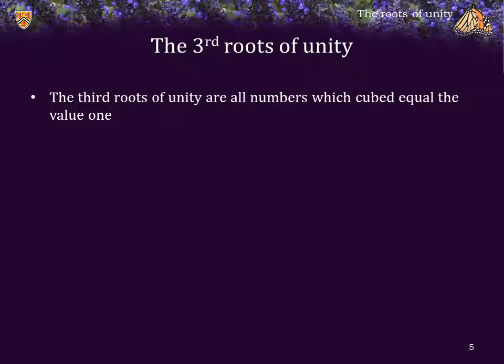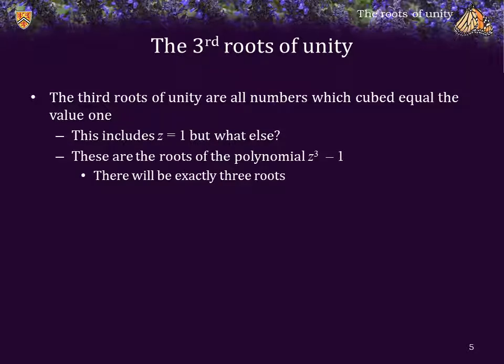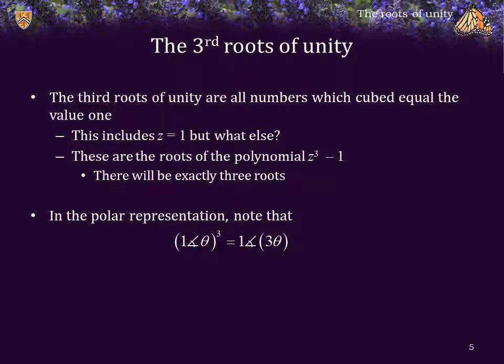Now, the third roots of unity are all numbers which cubed equal the value 1. This of course includes z equals 1, but what else? First of all, these are going to be the roots of the polynomial z cubed minus 1, and there will be exactly 3 such roots. In polar representation, any such root will be of the form 1 phase theta for an appropriate angle.